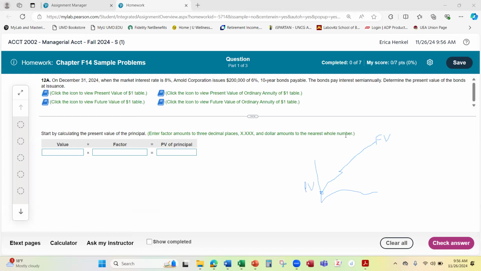So if I have a future value number and I want to know what that is worth in today's dollars, I'm going to be reducing it down to less than what it is today. That means that the table that I'm going to be using should have a function that is going to be less than 1 because I'm going to be reducing it to a fraction of itself, right?